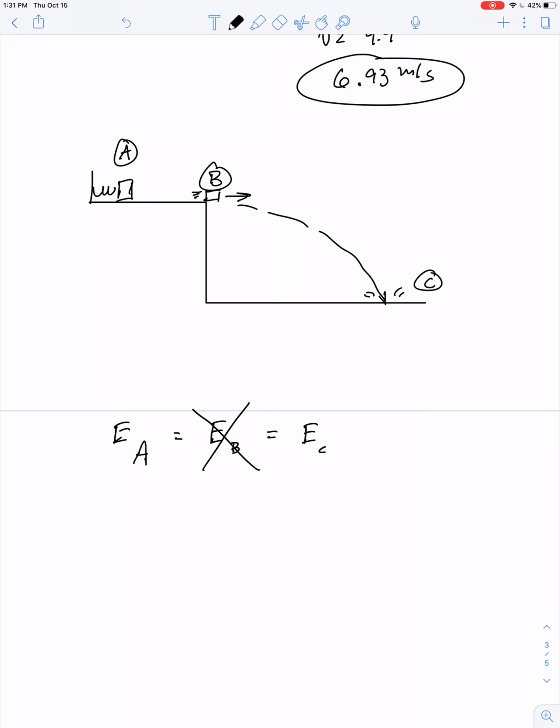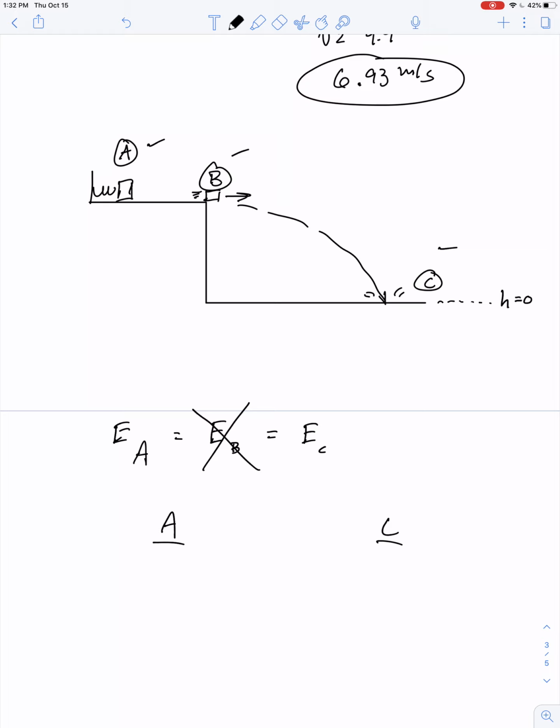We don't have to calculate the energy at every point. Ultimately, the total energy at A equals the total energy at C. I'm going to change my reference for this case and say H equals 0 all the way at the ground.